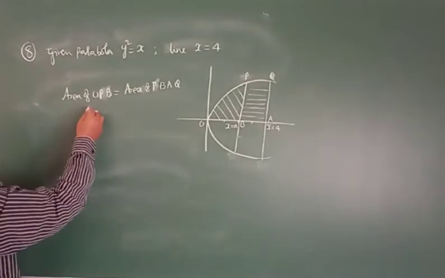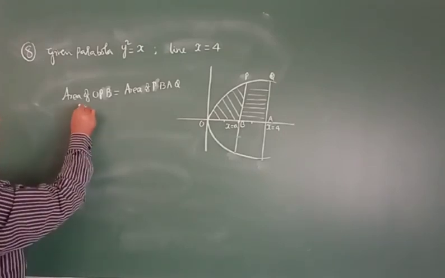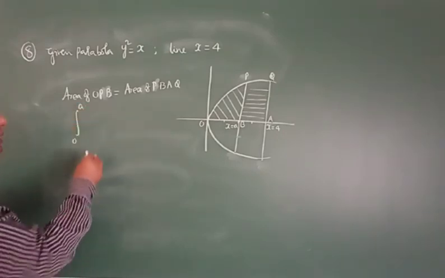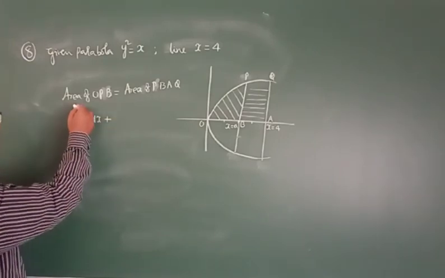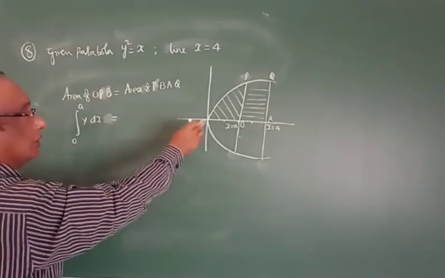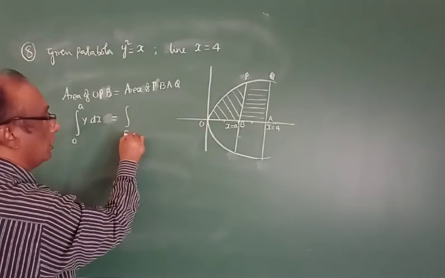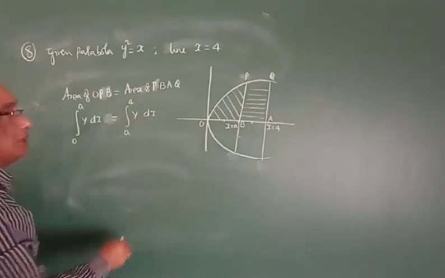So that's why I am going to take area is the integral of 0 to a y into dx, is equal to a to 4 y into dx, because x values are given, vertical strips.